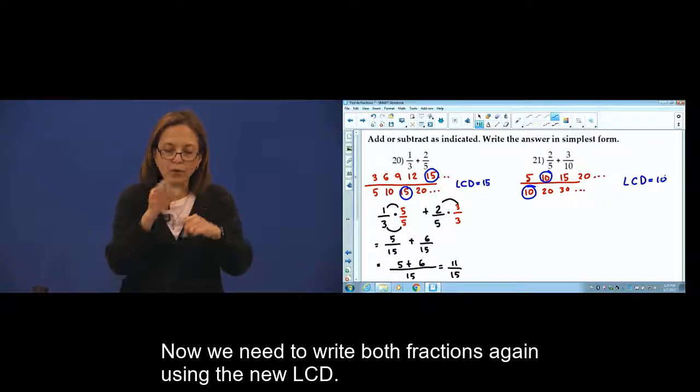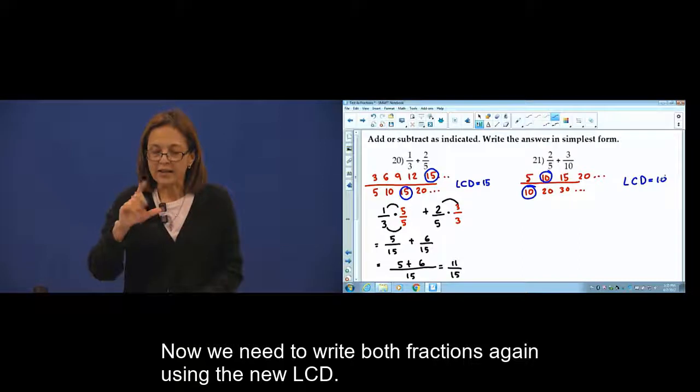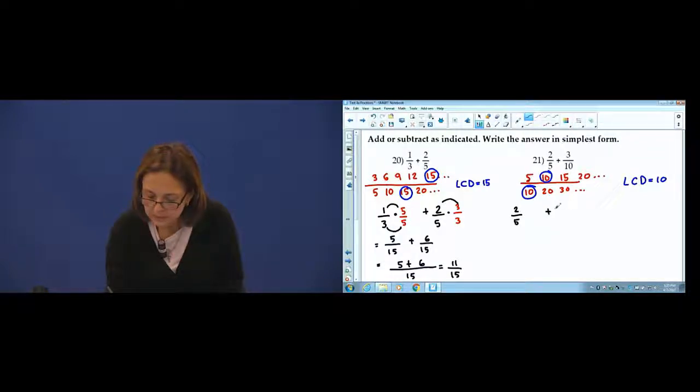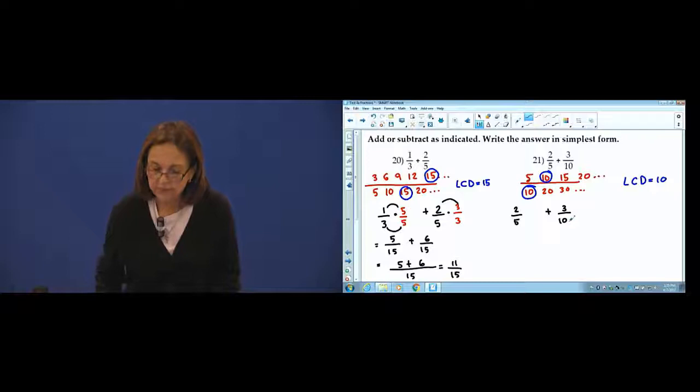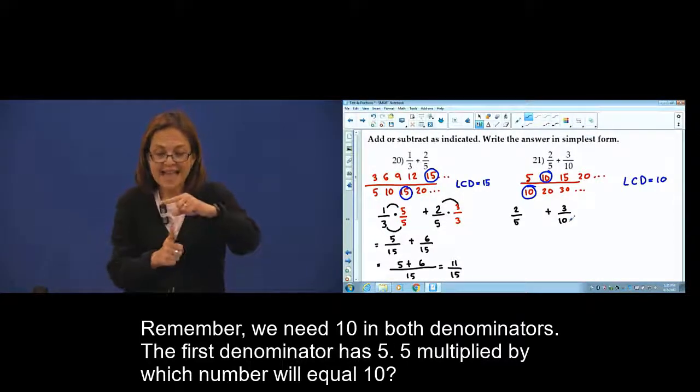Now we need to rewrite both fractions using our new LCD. Remember, we need both denominators to be 10.